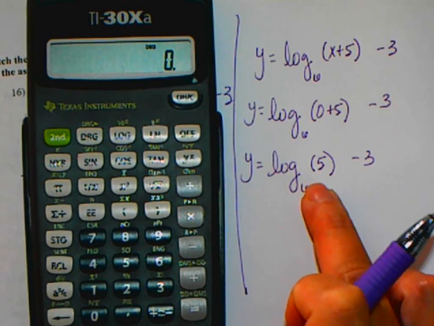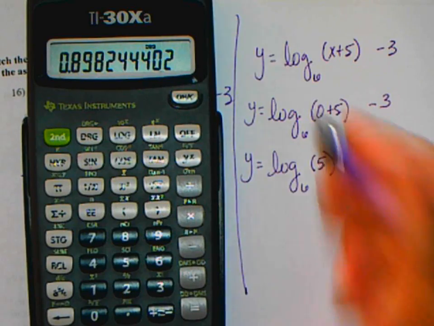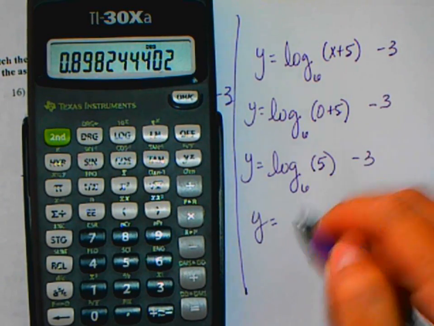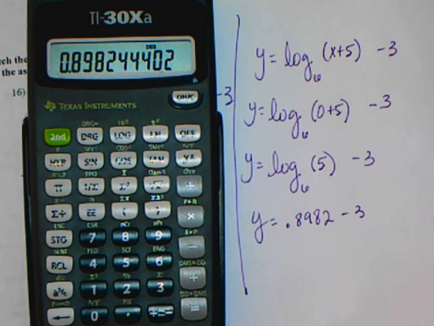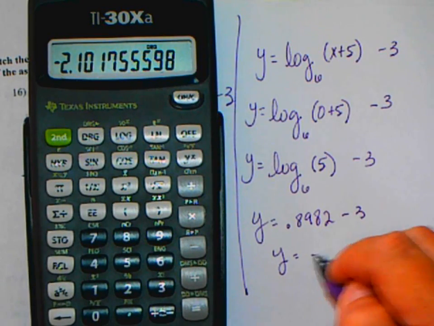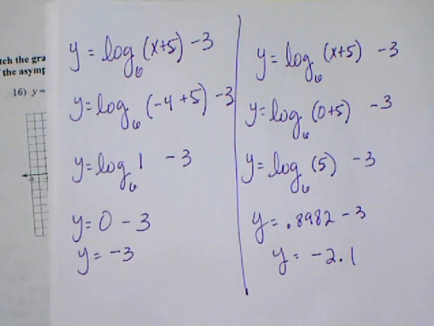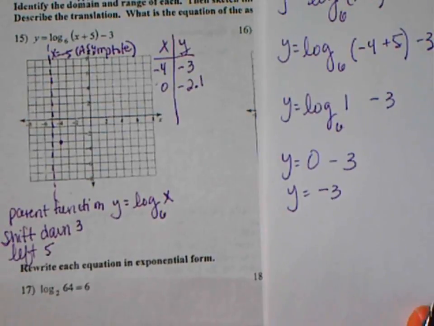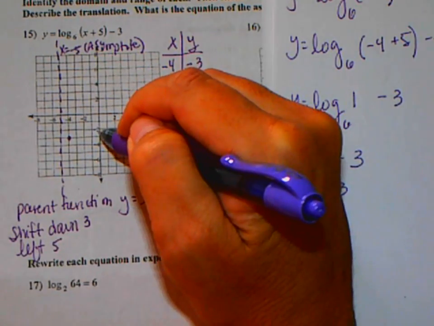So I'm going to do change of base on this. 5 log divided by 6 log equals approximately 0.8982. And then I can subtract 3. So let's go with negative 2.1. I'm just estimating anyway. So go back over here. When x is 0, y is negative 2.1.